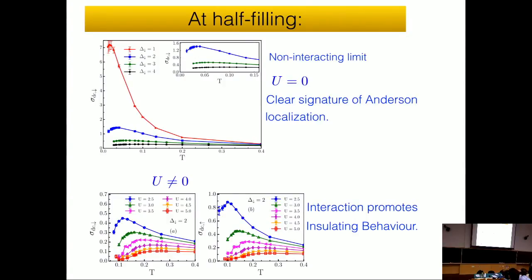At half filling, at moderate or small values of disorder, everything seems insulating. So you get back whatever we thought we should get back. Very soon I will show you some results for the density of states, and then it becomes clear why this is so.